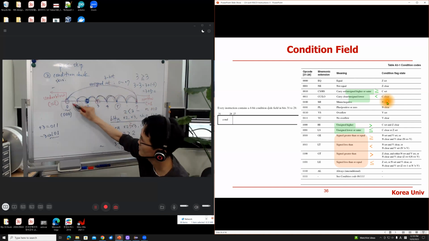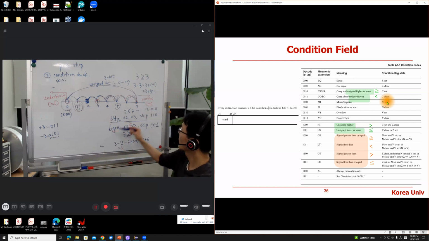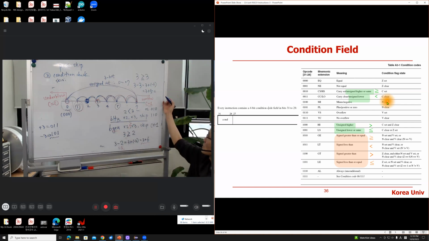So you got 0, but overflow happens, right? So when these two operands are equal, the carry flag is set to 1. So by only checking the carry flag, you can tell whether this condition is satisfied or not.